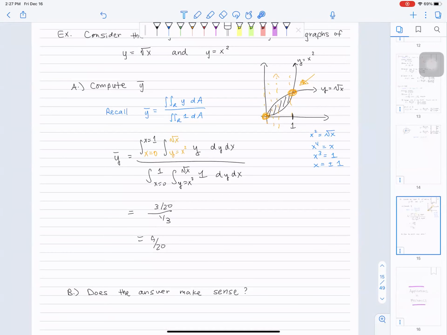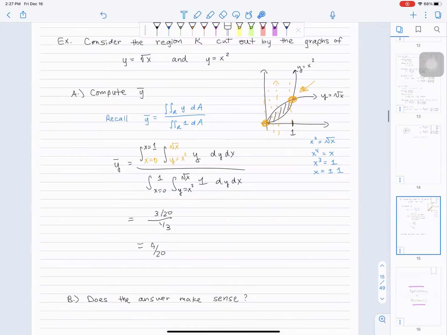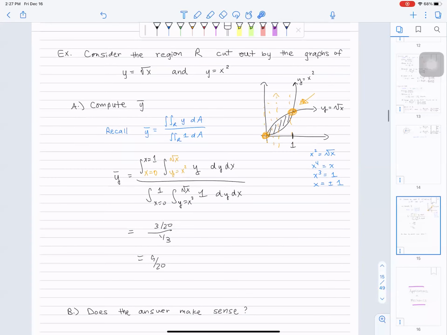Now we can ask, does this answer make sense? We got that the y coordinate of the centroid equals some positive number, 9/20. If we think about the centroid, what is it doing? It's kind of like finding the average y coordinate, like the middle coordinate.